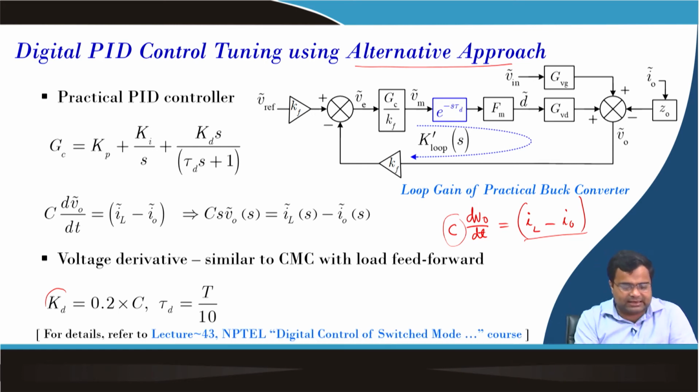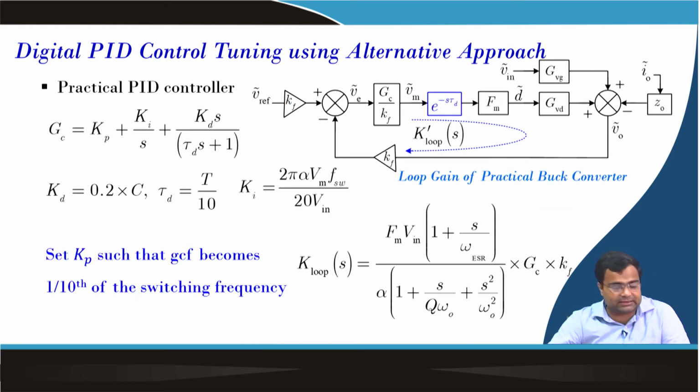And we have discussed in lecture number 43, in order to design, we typically take the continuous time derivative gain maybe 0.2 times the capacitor value, and tau d, the filter time constant of the derivative filter.